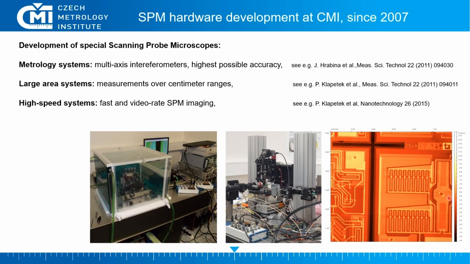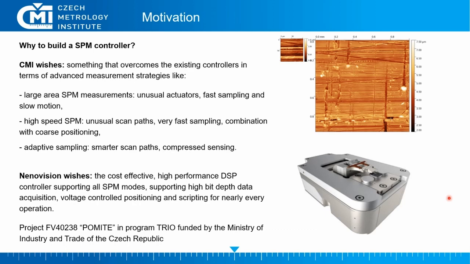and that's why we also were thinking since many years about building some kind of better SPM controller. So why we would like to build an SPM controller, and probably wanted to do it.